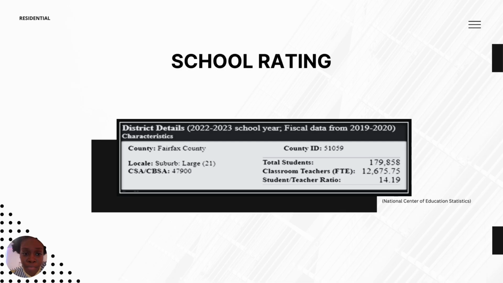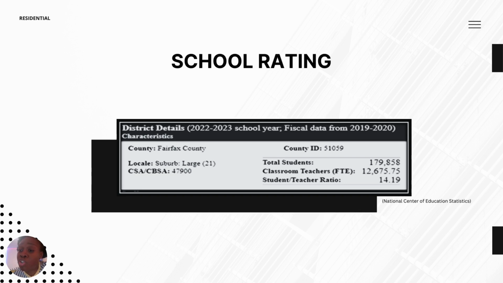Then I researched the school ratings. The school ratings came from Niche. And then also, I was able to look into the National Center for Education Statistics and look at the actual student to teacher ratio, which is really good.